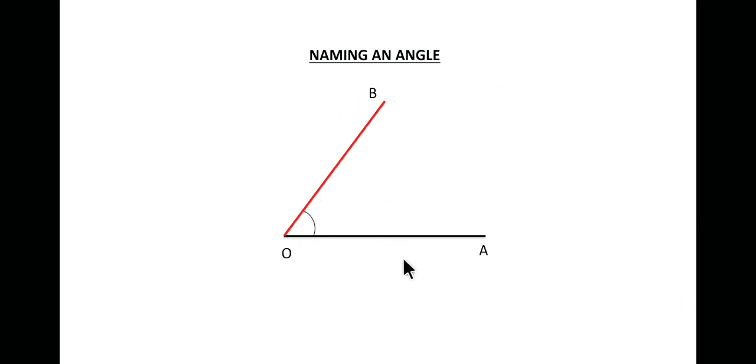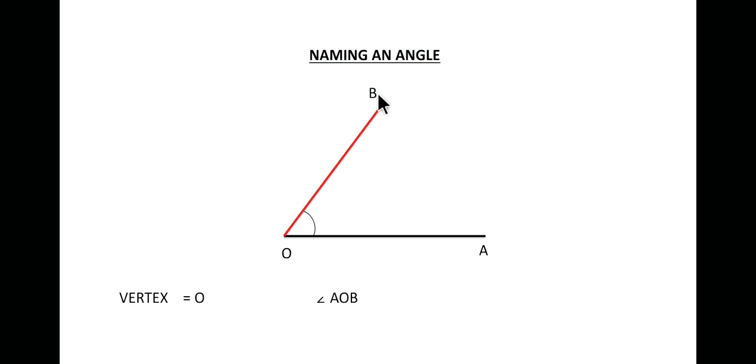First of all, the vertex of this angle is point O. As we move from A, we reach O, then we move towards B. So the direction in which you are moving is from A to O and to B. So the name of this angle is angle AOB.